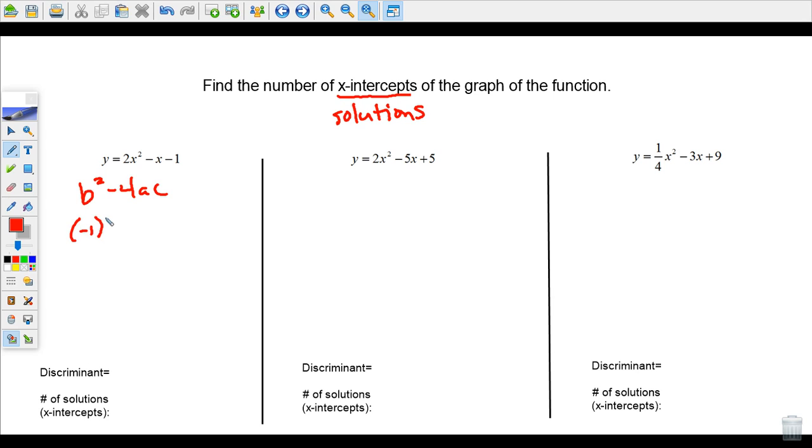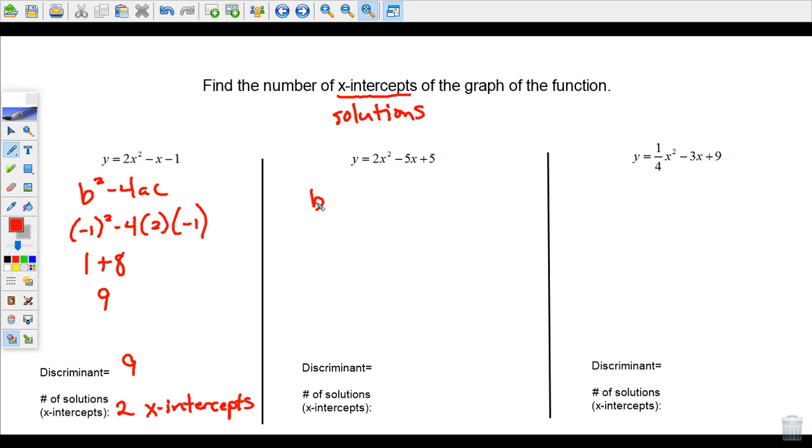So negative 1 squared minus 4 times 2 times c, which is negative 1. Negative 1 squared is 1. Negative 4 times 2 is negative 8. Times negative 1 would be positive 8. 1 plus 8 would be 9. So discriminant is 9. It's positive, so that means there are two x-intercepts.